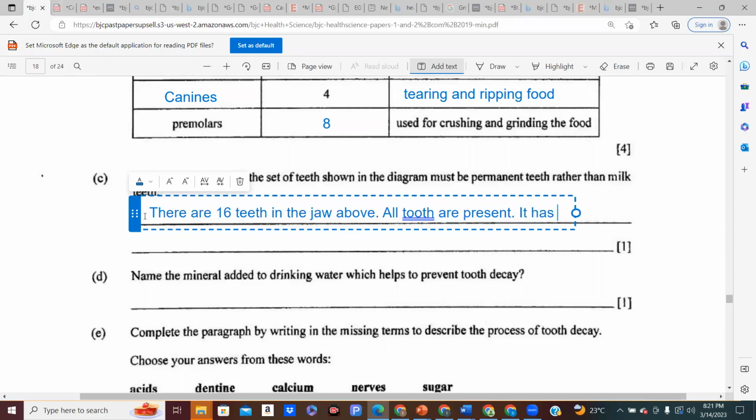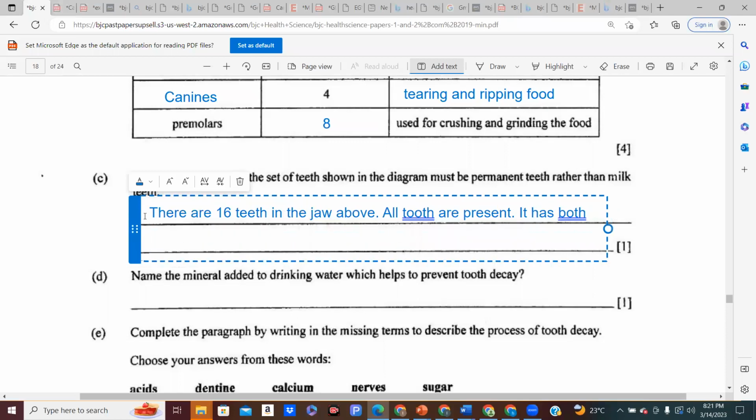It has both premolars and molars, right? So there are different reasons. You could state any one of them, but those are the reasons.